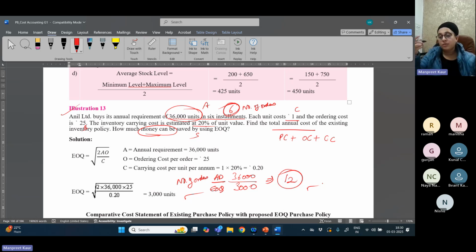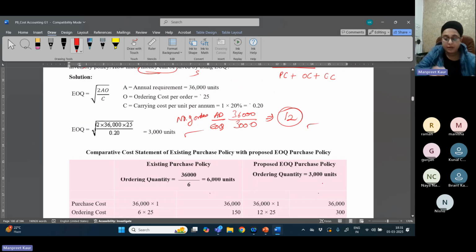This is the decision the purchase department has to take, whether we will take 6 orders or 12 orders. How? Comparatively, a cost statement is prepared. This is the role of the cost accountant, whether to follow the existing purchase policy or the proposed purchase policy.